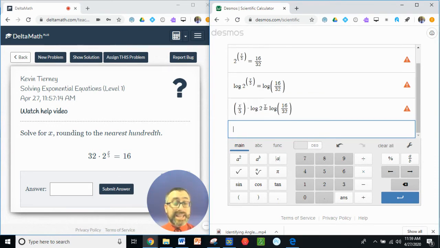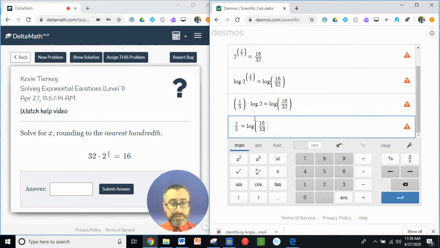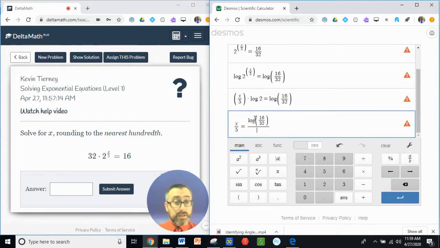I can now cancel this log 2, leaving me with x over 5 equals log of 16 over 32, all of that over log 2. Super. Now it's just x over 5 equals log 16 over 32 over log 2.